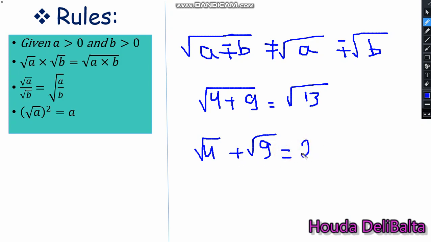Radical 4 gives 2, and radical 9 gives 3, and the final answer is 5. Surely 5 is not equal to radical 13, and that's an important example that tells me that I cannot split the radicals if I have a plus sign or a minus sign in the middle. That's a property only in multiplication and in division.